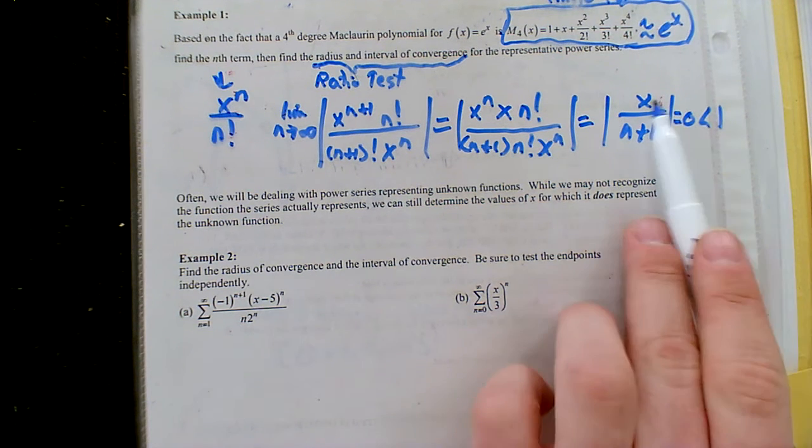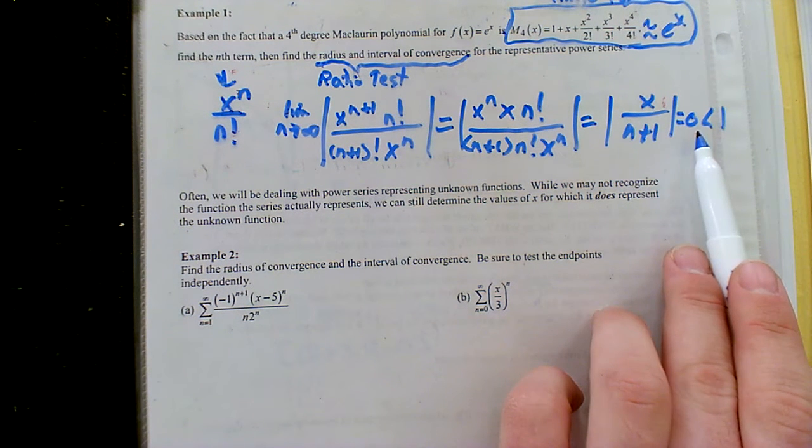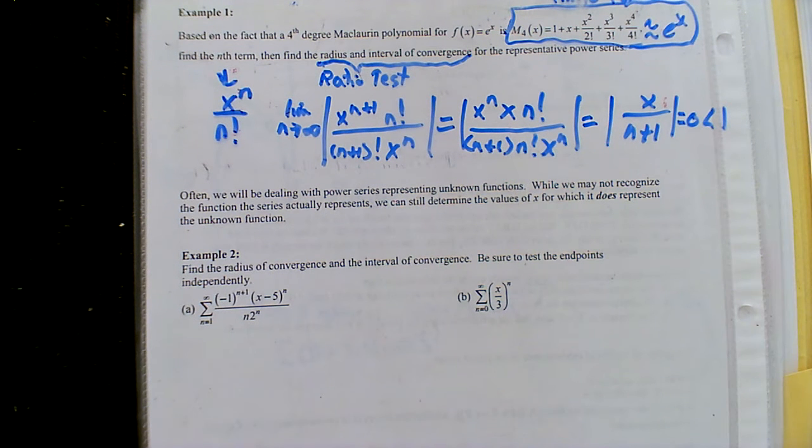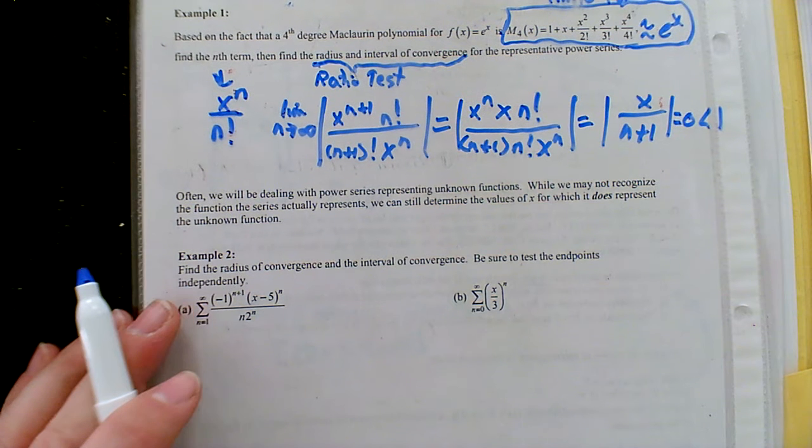And if you think about it, if you plug in any x value, will it always go to 0? If you plug in any constant value for x? Yes. Okay, so it is less than 1. That's always true for any x. So now what do you think we can say about our radius or our interval because of what we found?